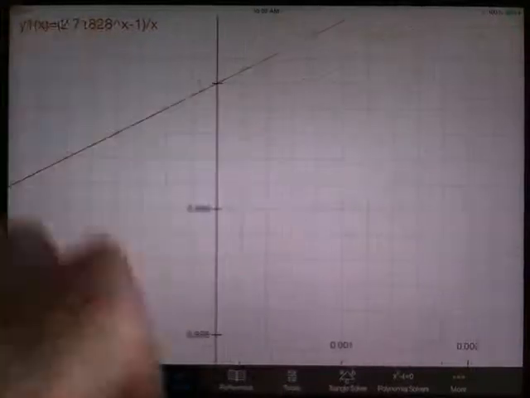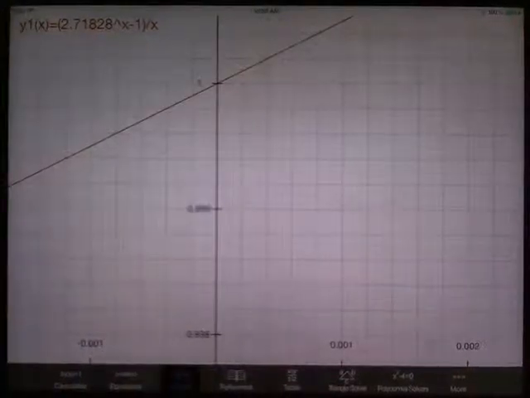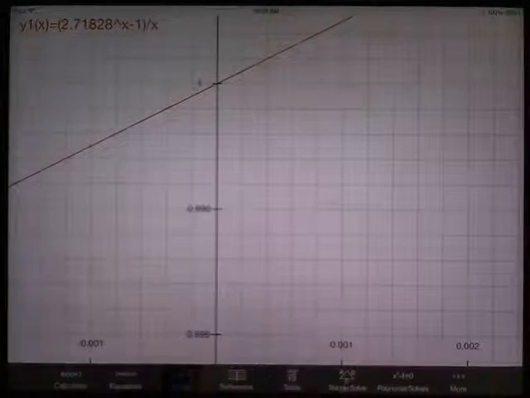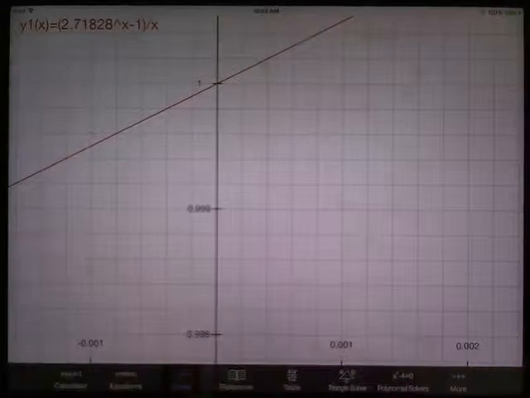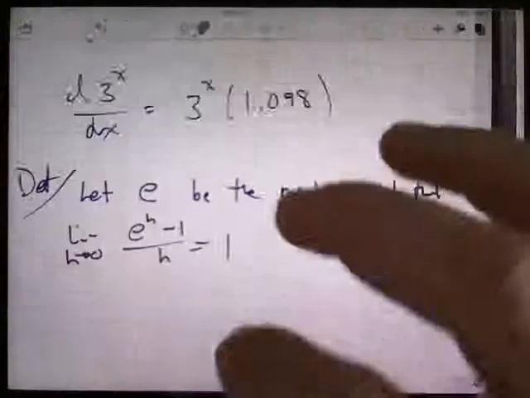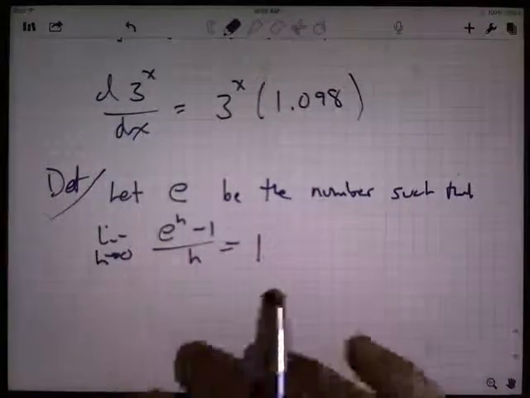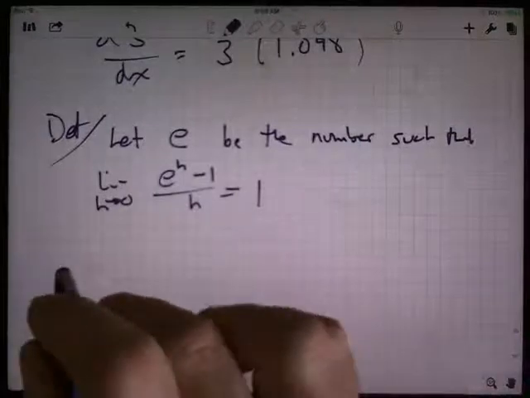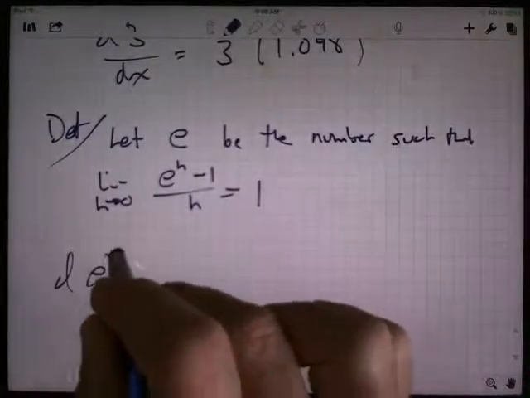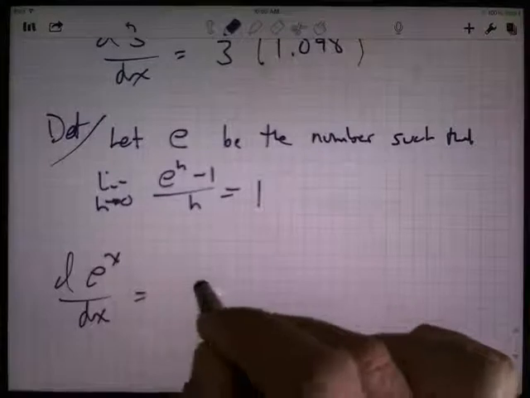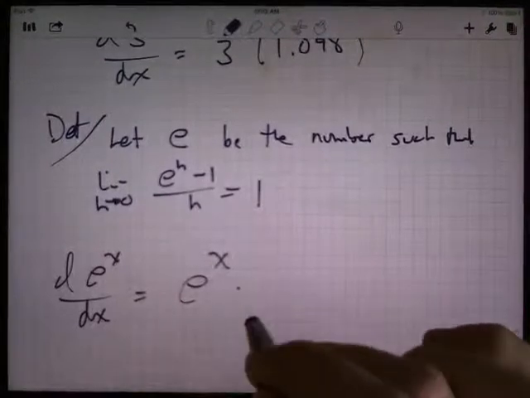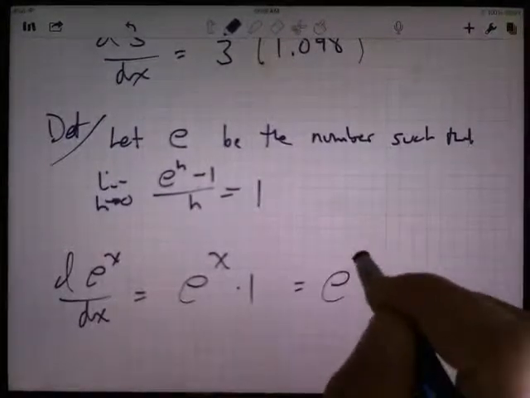So the thing is, the number e, which is the number you've known before, is a very nice number when it comes to derivatives. The derivative of e to the x with respect to x is e to the x times 1, so it's just e to the x.